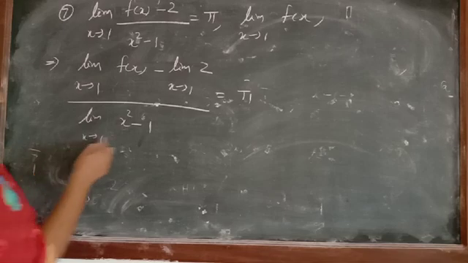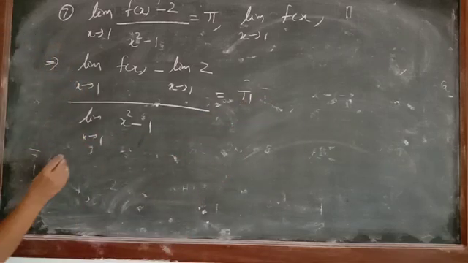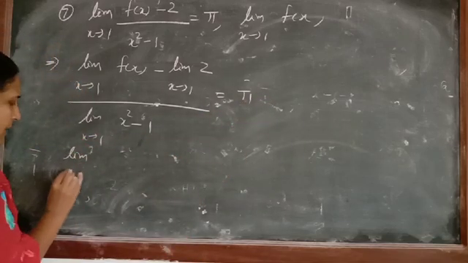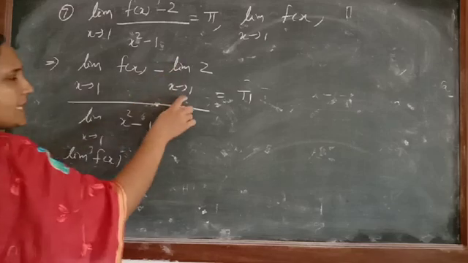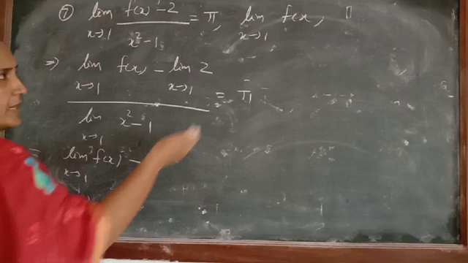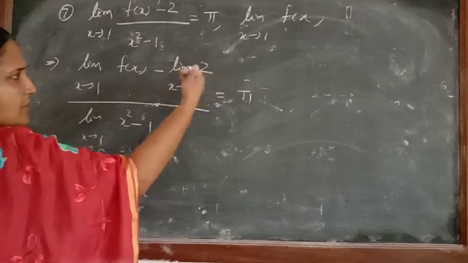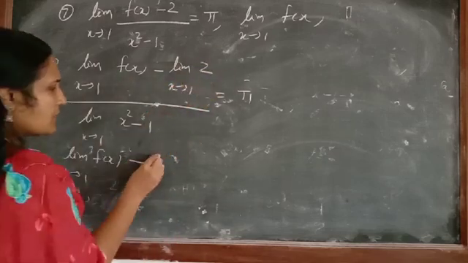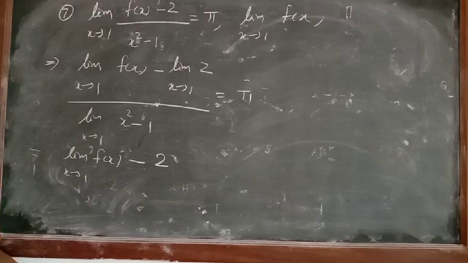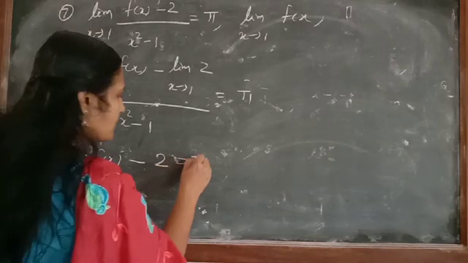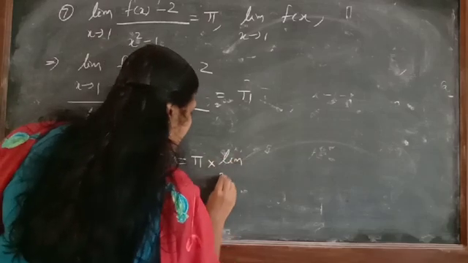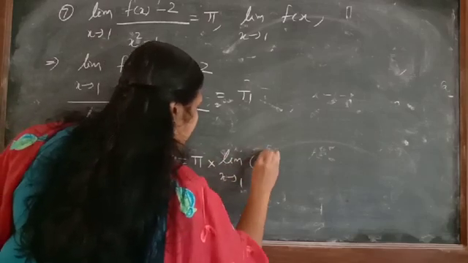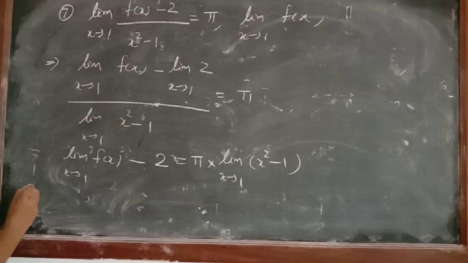Now this expression we can shift to right hand side. Then what will come? Limit x tends to 1 f of x minus limit x tends to 1 2. Here we don't have any term of x, so we don't have to substitute x equal to 1 there. Directly we can write down there 2 equal to pi into limit x tends to 1 x square minus 1.